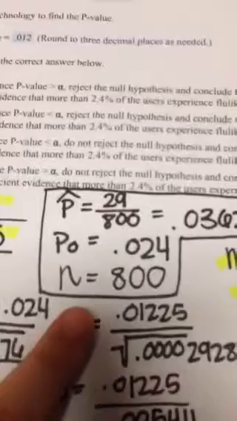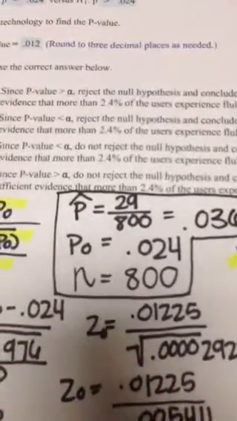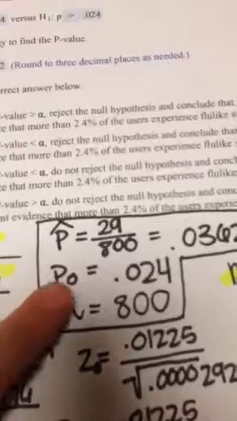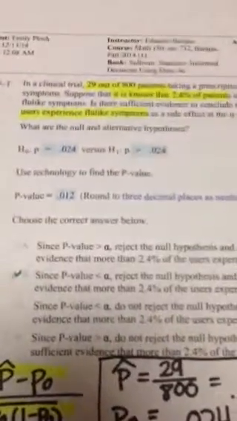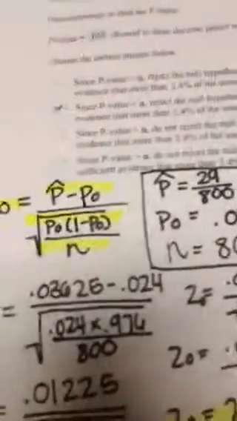P hat is going to be equal to your sample's x over n, which is 29 out of 800, which puts you at 0.03625. P of the null hypothesis, as stated above, is 0.024, and n is 800 because we had 800 patients.